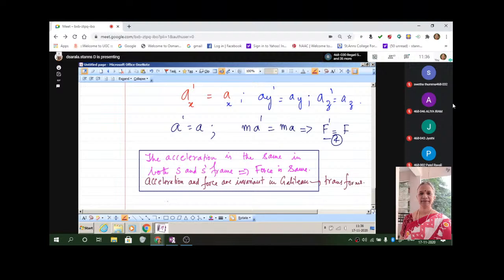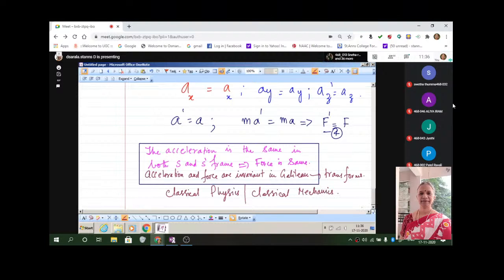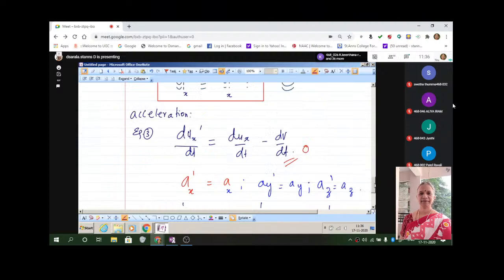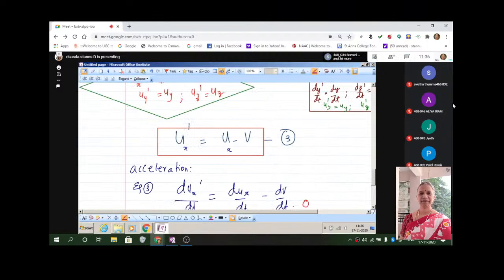These Galilean transformations are defined in what physics? Known as classical physics or classical mechanics. We will study quantum mechanics when you come to final year. So as long as classical physics or classical mechanics is concerned, the acceleration and force are invariant. That means they remain the same.